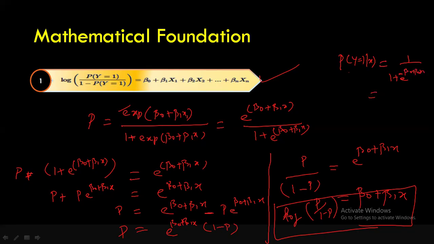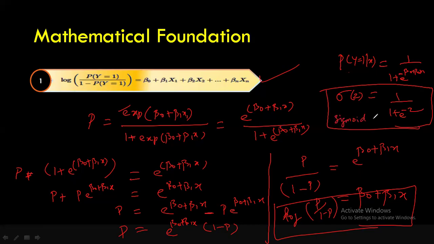Instead of specifying beta naught plus beta 1x, we write 1 divided by 1 plus e to the power minus z. So this is sigmoid of z. This is very important because this is called your sigmoid function.